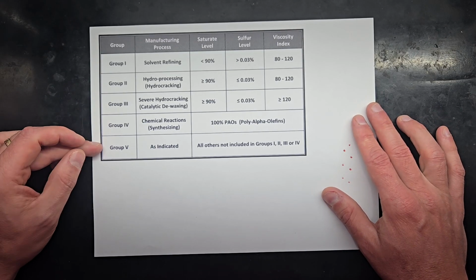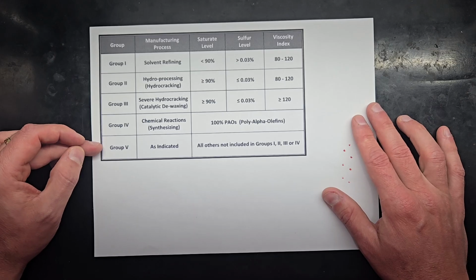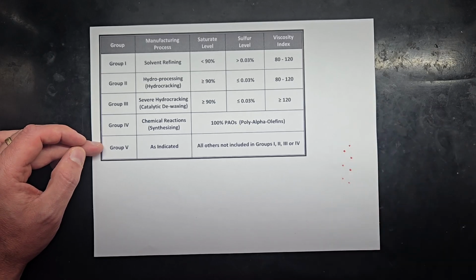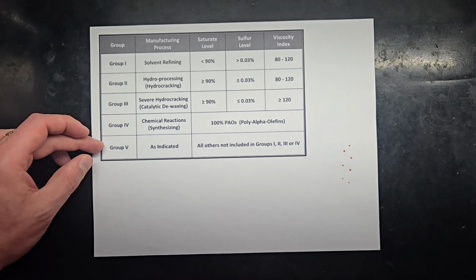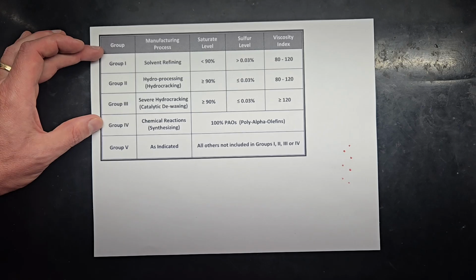Group 5s are considered fully synthetic, but they also contain a crude oil-based lubricant or oil, which is our naphthene-based oils. If you remember, as we're refining that oil, we're actually pulling the naphthenes out.